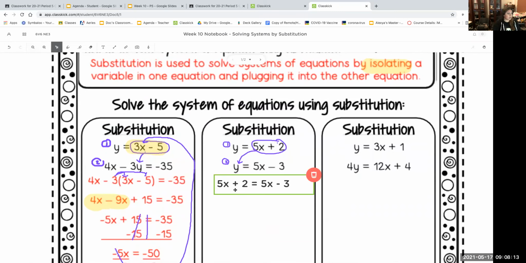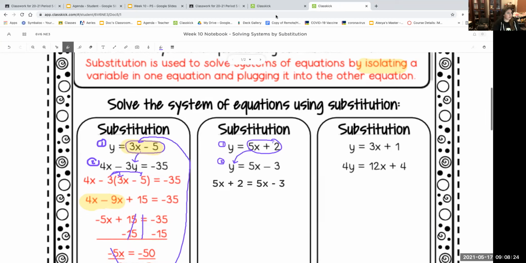All right, from here, I look at both sides. I have a 5x and a 2. I can't combine them. I have 5x and a -3. Can't combine that either. Hey, Manny.